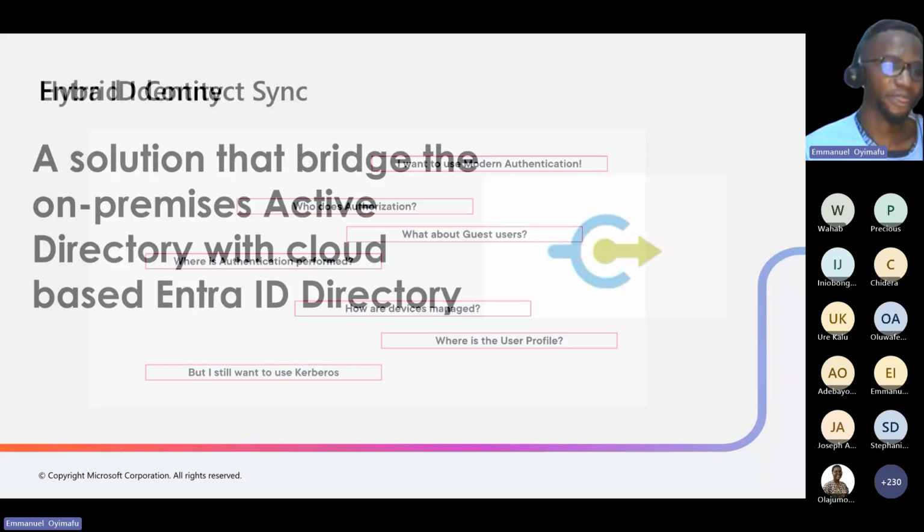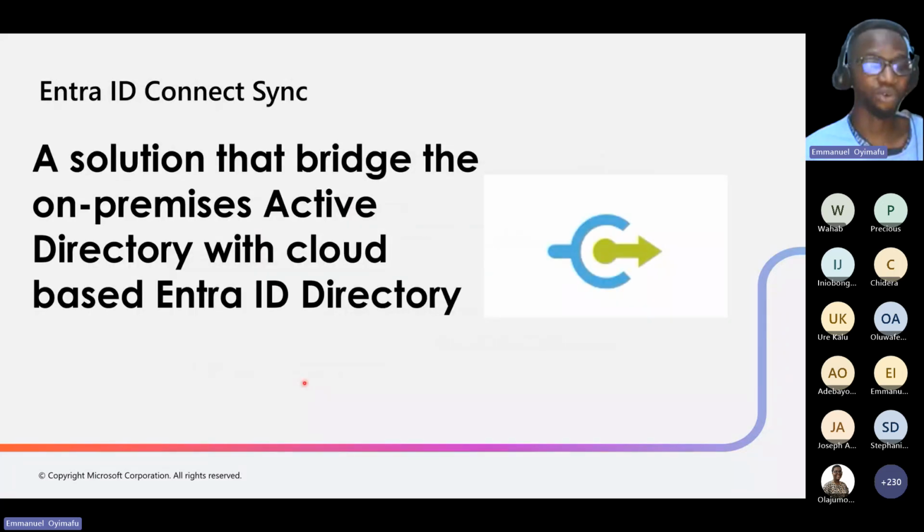Now, for our users to use hybrid, or for our users to be hybrid, we need a solution or a tool that can establish a handshake between the local Active Directory and Entra ID, because Entra ID and Active Directory are two different solutions. Active Directory is on-premise, is local, while Entra ID is in the cloud.